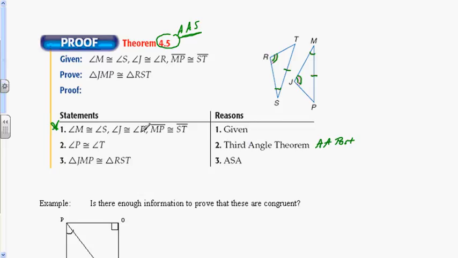So if you have two angles congruent, then the third must be congruent. And I would allow you to say angle-angle postulate. Now from that information, if you have angle P, that'd be this one, and angle T equal in measure, that would be enough to show congruency.